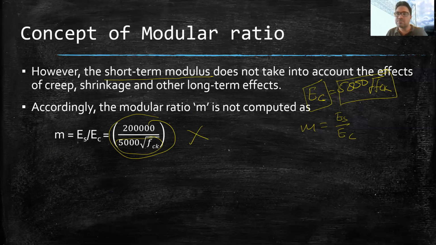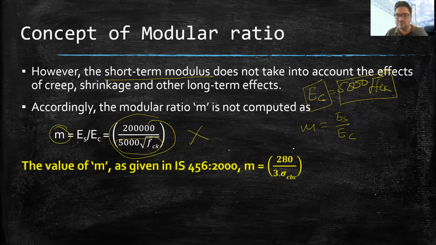IS code has given an empirical formula to calculate the value of M, and that formula is this one. M is equal to 280 by 3 into sigma CBC. Sigma CBC is the permissible stress in concrete in flexural compression.